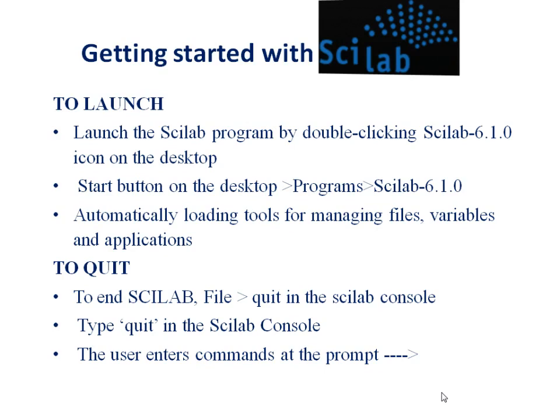It will automatically load the tools for managing files, variables, and applications. If you want to end this Scilab session, go to File and click on the Quit option. You can also end the session by simply writing the command quit on the command prompt.